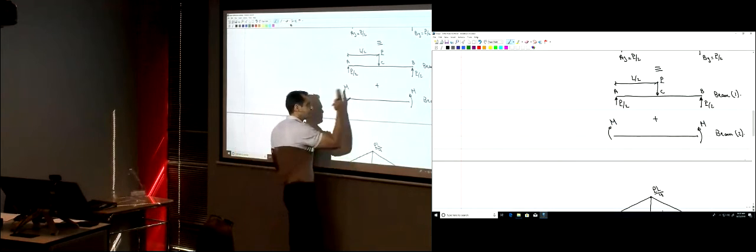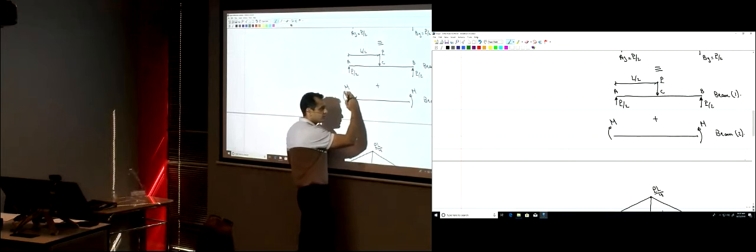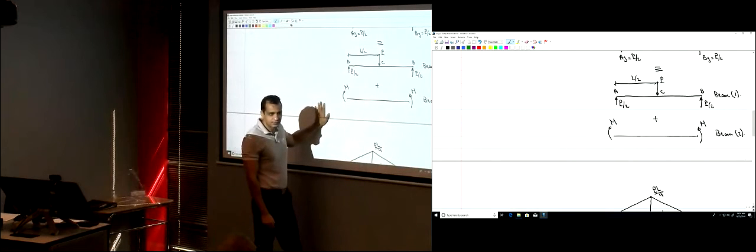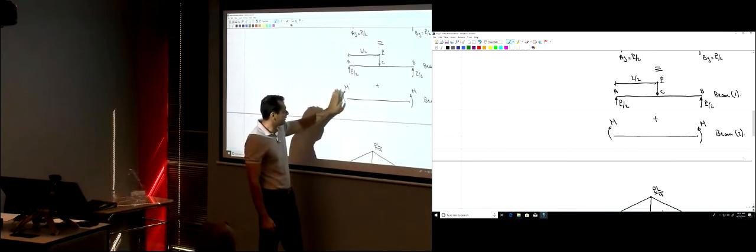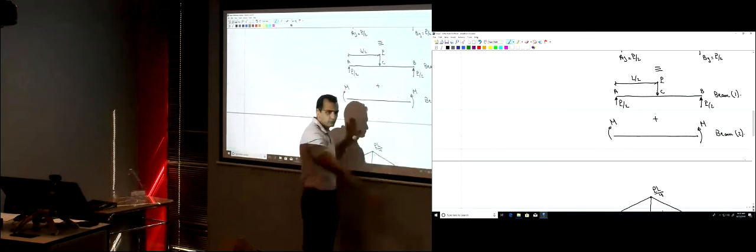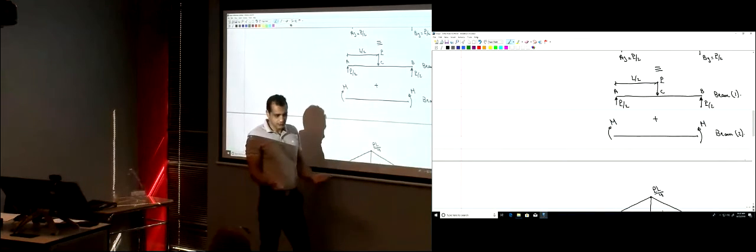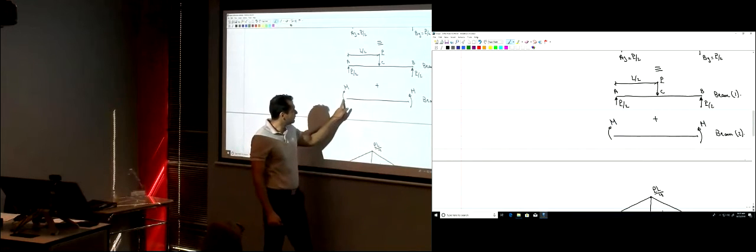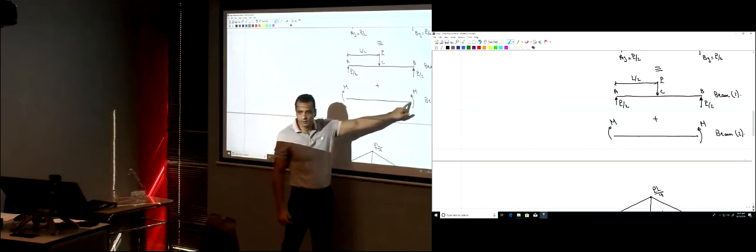Take a section at this point. You need to study the left part or the right part. Which one is easier? Same. If you study the right part, the left part, it's M. If you study this part, it's M. But it's negative because it's bending the beam up, right? So negative M. How much is the moment here? Negative M as well, right?